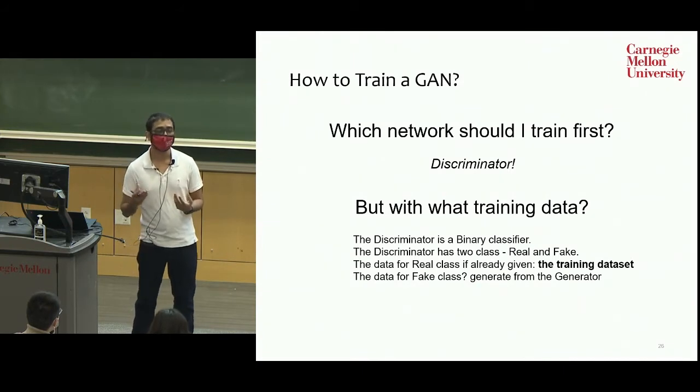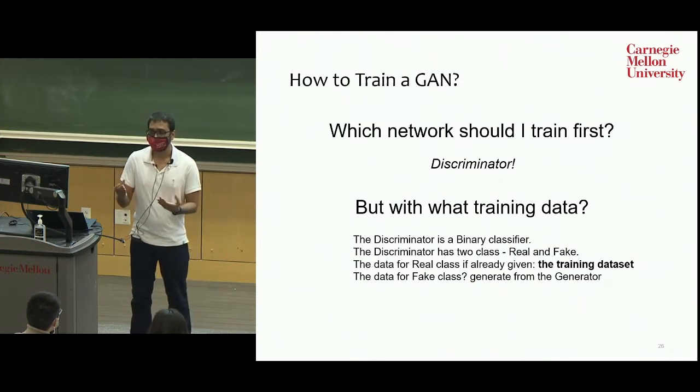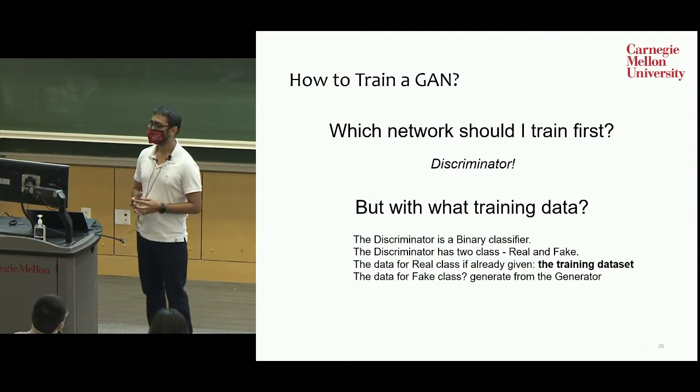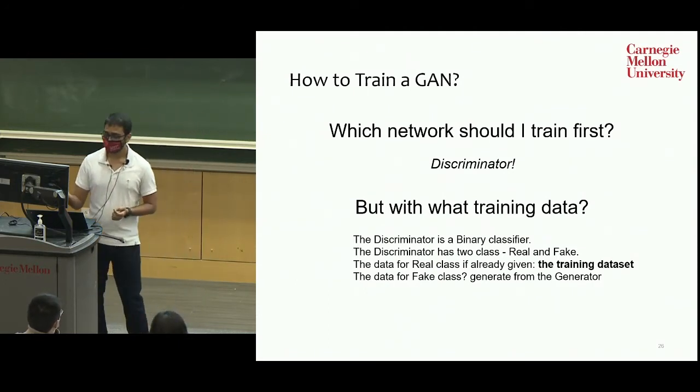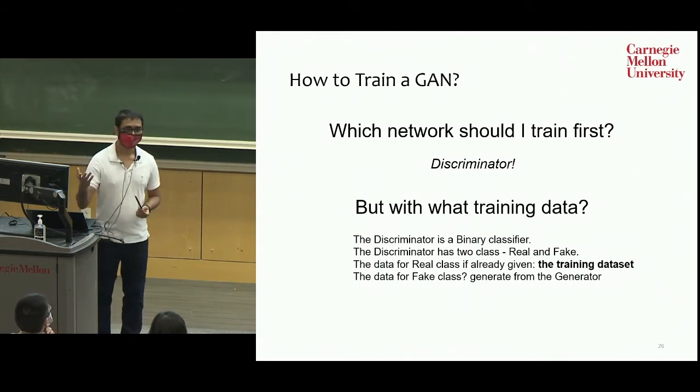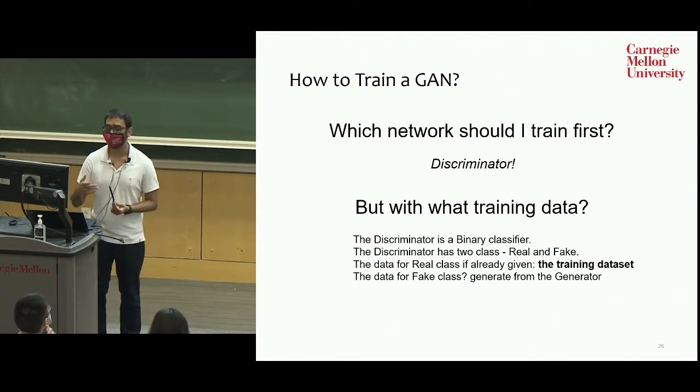So the discriminator can learn the difference between an image and noise.